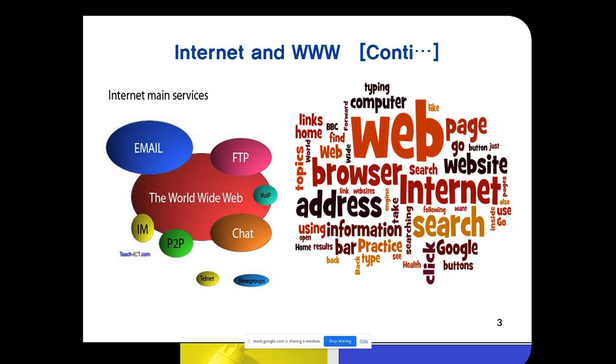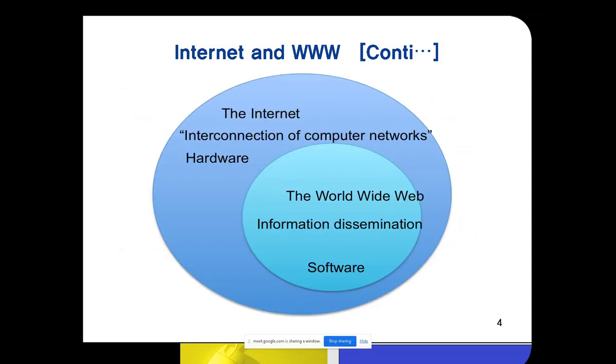Whenever we are on WWW, by using any search engine, we can get the web pages that we would like to see. Then if you go through this picture, you can come across the internet. The internet is nothing but the interconnection of computer networks.